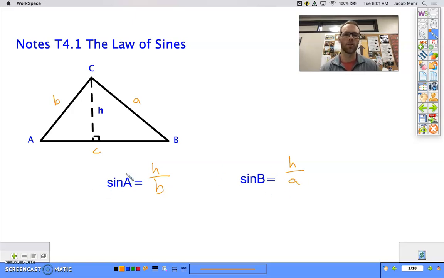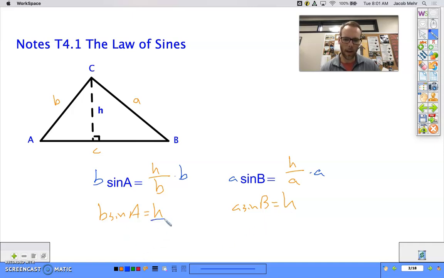Now, when I look at these two equations, I notice that they both have h's in them. If I multiply by b on both sides in this one, I get b times the sine of A equals h. And over here, if I multiply by a on both sides, I get a times the sine of angle B equals h.